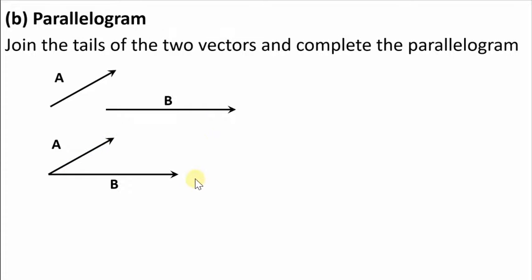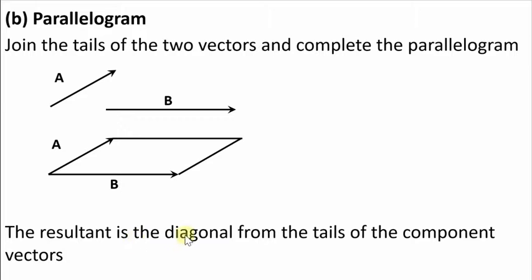We complete the parallelogram by drawing a line here which is parallel to this and the same size, and then we draw another line from here up to here, the same size, facing the same direction. Then the resultant is the diagonal from the tails of the component vectors to the head.